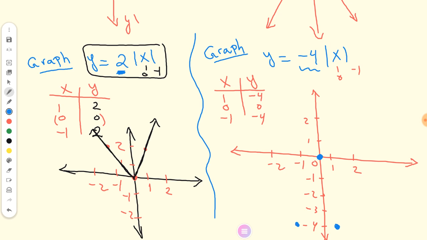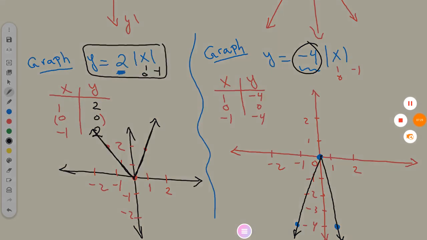After that, I will connect the three points like this. That's it. The V opens down, because A is less than 0.